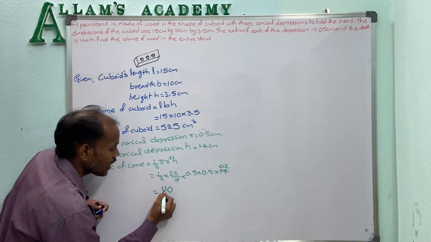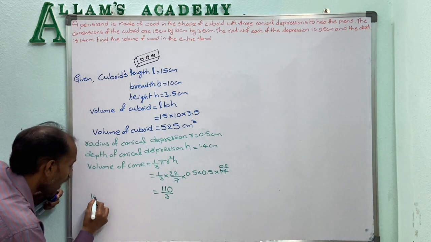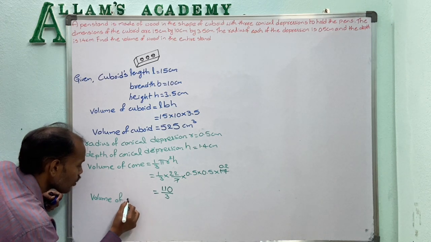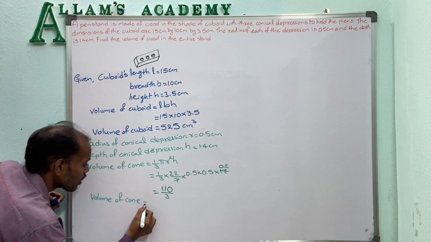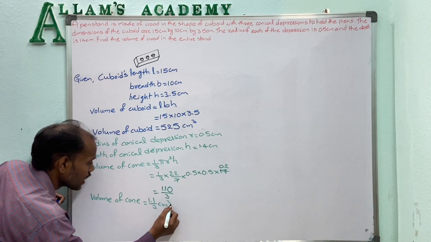So 110 with 2 digits before the point, that is 1.1. So the volume of the cone is equal to 1.1 by 3 centimeter cube.